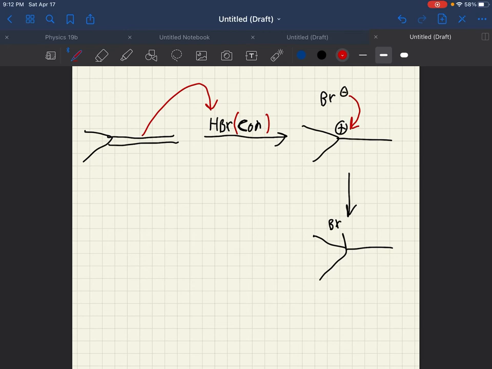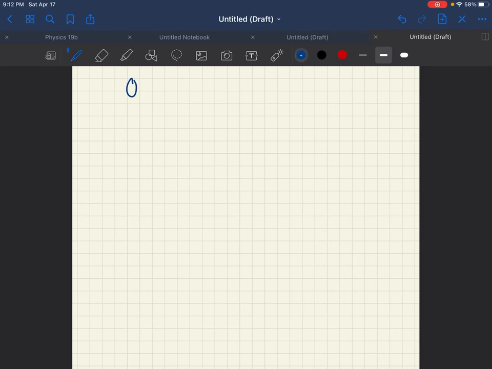So the next addition reaction we're going to take a look at is OsO4. And all OsO4 does is it adds OH groups syn to one another.